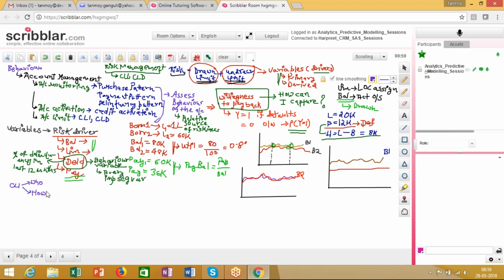So who to give the credit limit increase and how much to give the credit limit increase, right? So if I have 1,000 borrowers, what should be the metrics according to which I should assess who are the borrowers out of this that I should give a credit limit increase to?